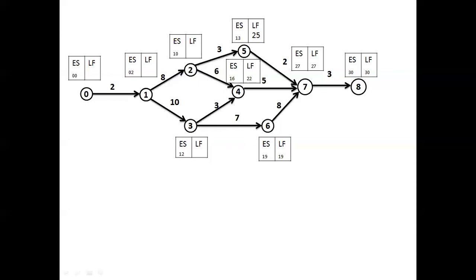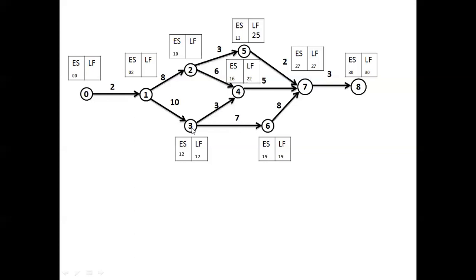The outgoing activities are 3 to 4 and 3 to 6. Among these, 22 minus 3 is 19, whereas 19 minus 7 is 12. So the 12 has to be considered here as the latest finish time for 1 to 3.